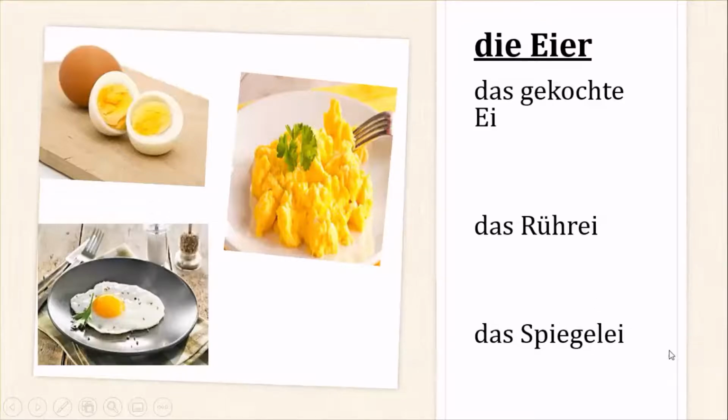Also note that I have mentioned in my previous tutorials that most of the German nouns are compound nouns. So they will have a noun and a verb, possibly two nouns making up one noun, or even three nouns making up one compound noun, because the nouns are combined like this.